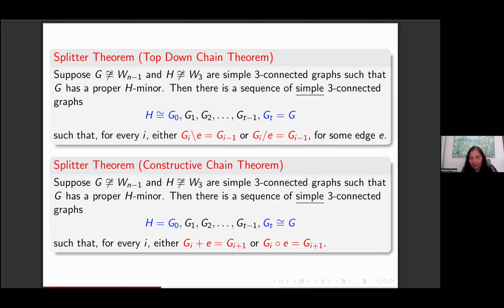Oppositely, you can grow G from H by adding edges and splitting vertices.